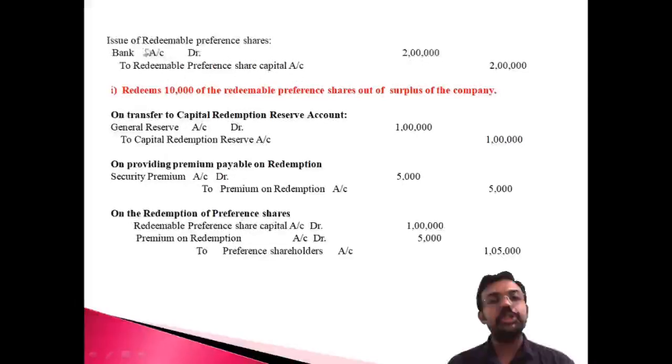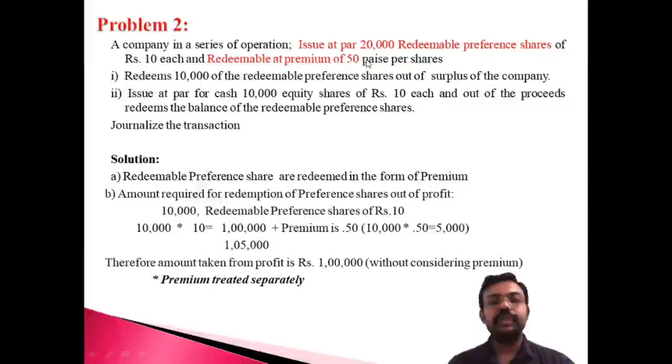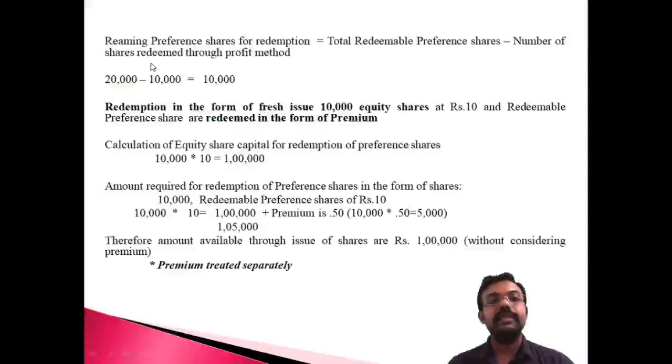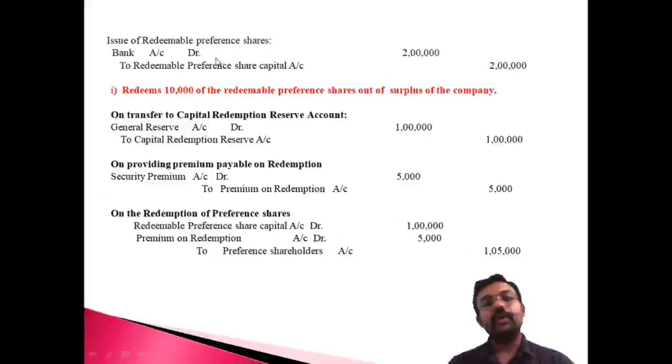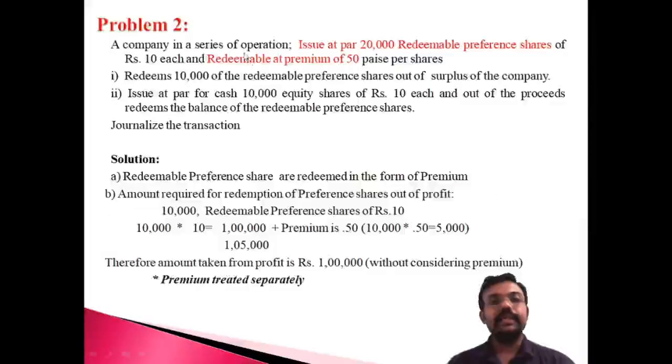Whenever they issue the redeem preference shares, the entry is the bank account debited to the redeem preference shares. They're issued at par, 20,000 into 10, that is 2 lakh. That is the first entry, the issuing of the 20,000 redeem preference shares rupees 10 each.